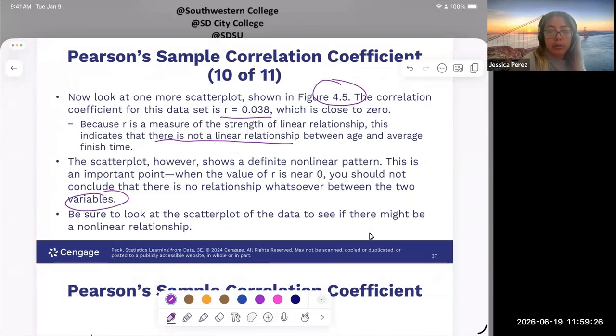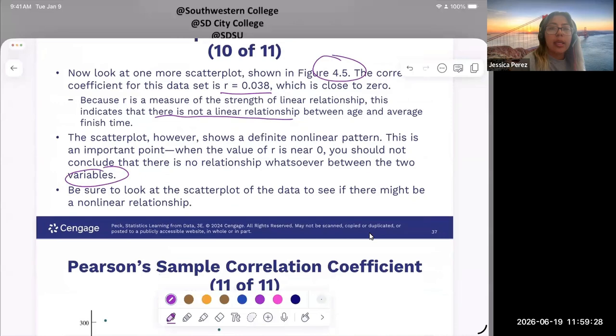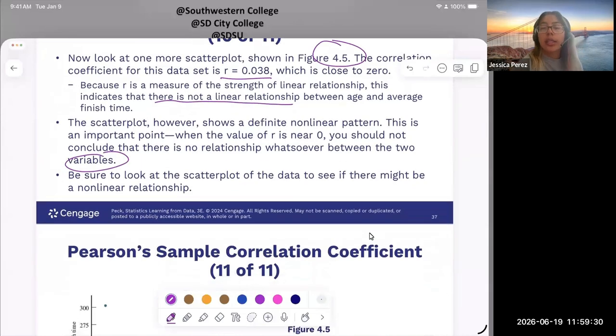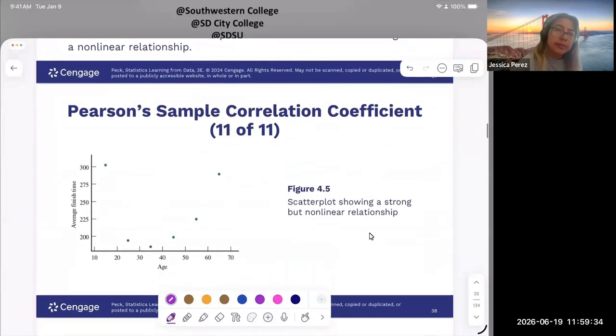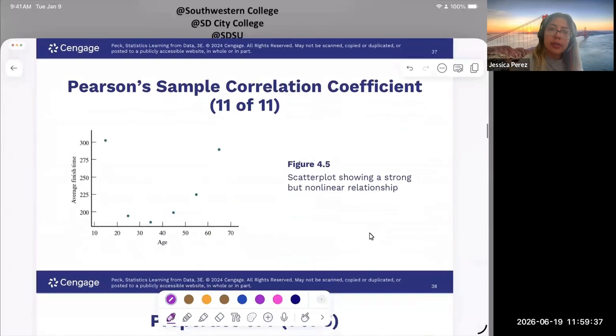So be sure to look at the scatter plot to see whether there is a linear relationship or not. Now look at this one. The scatter plot shows a strong but not linear relationship. It would be a curved relationship, but not a linear one. And you can definitely have that.